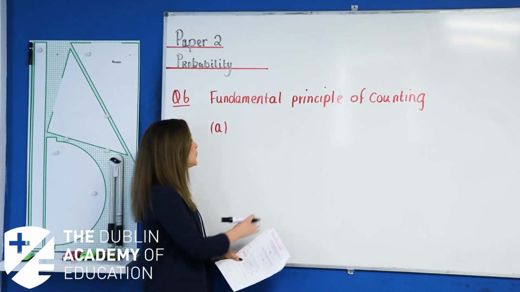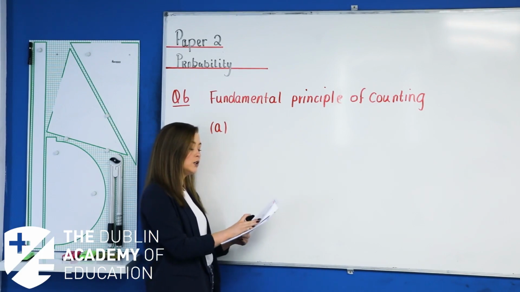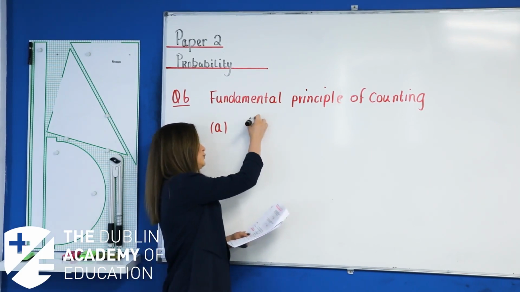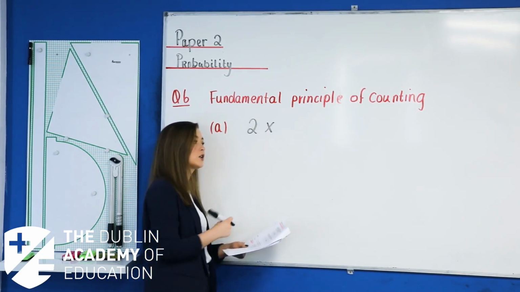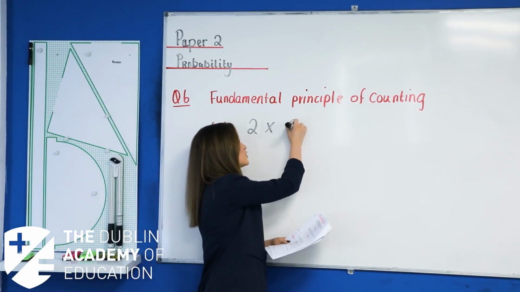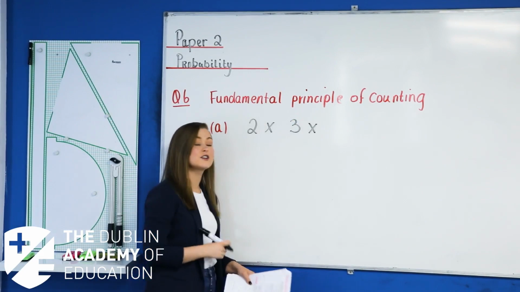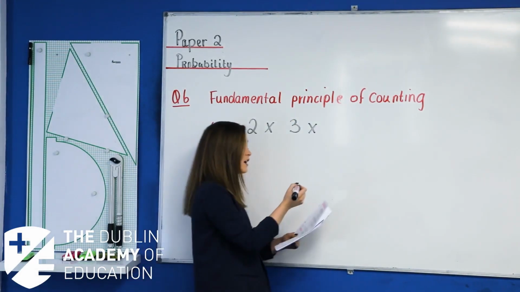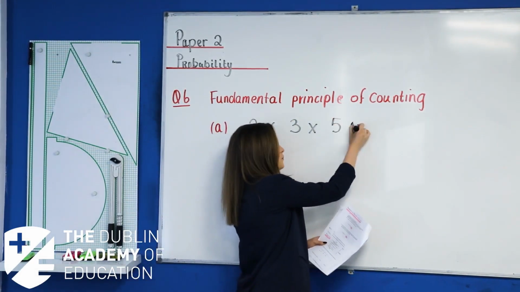So here we multiply the total number of shirts, which is 2, by the total number of shorts, which is 3, by the total number of socks, and there are 5 different pairs of socks we can choose from.